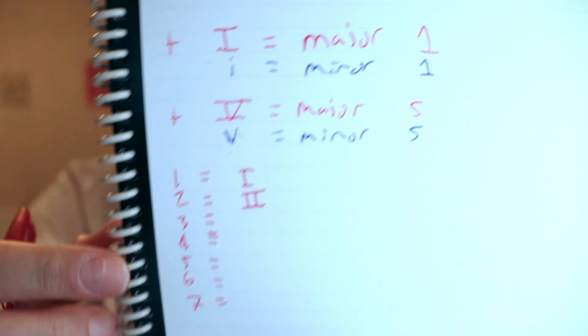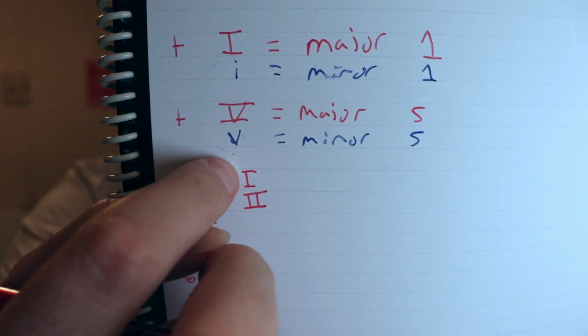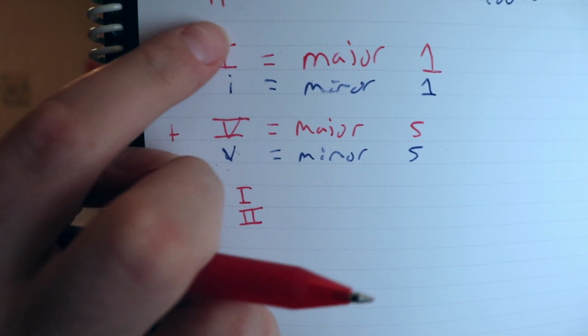So I'll just show you what each of these numbers, the symbols that we know, how they translate to the Roman numerals. So 1 is just, if it's major, capital I. 2 is just 2 lines, both capital, and they're tied together by the same line. And I'll show you what that looks like actually, because this is kind of how it starts to become cohesive. So 1 equals kind of just capital I, like that.